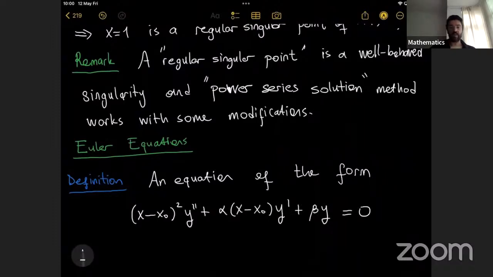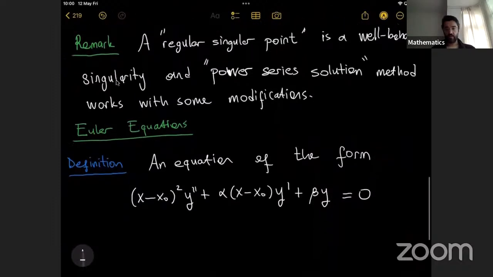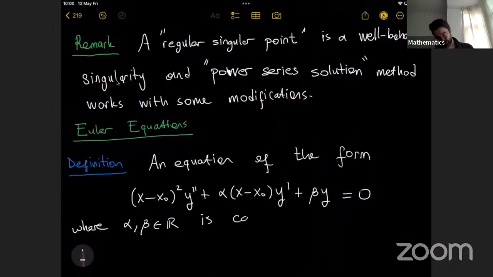Here, alpha and beta are real numbers, is called an Euler equation.